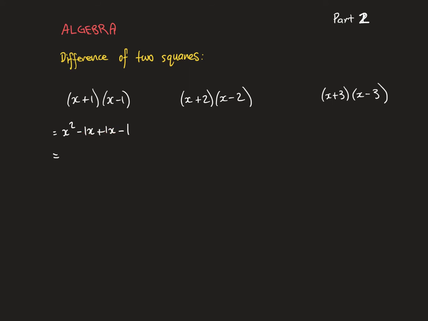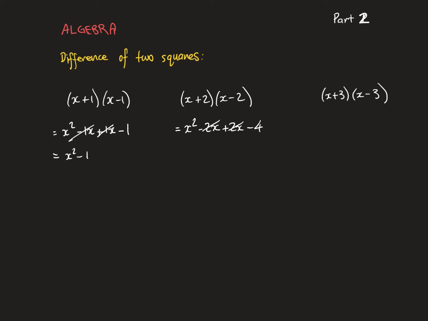So I'm literally going to cancel them out and we're left with x squared take 1. Interesting. Let's try that with this one. We've got x squared, outside is negative 2x, our inside is 2x, and our last, 2 times minus 2, is minus 4.